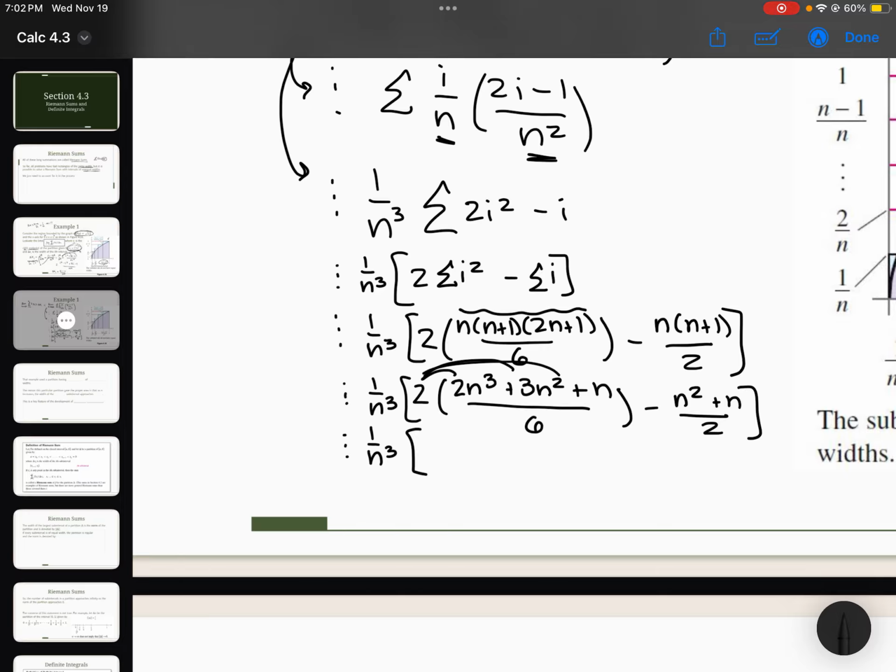So we're going to have 4n cubed over 6, or 2n cubed over 3, plus 6n squared over 6, or just n squared. Then I'm taking this 2 and multiplying it over here, so 2n over 6 gives us plus n over 3, minus n squared over 2. Remember to distribute that minus sign to both of these, minus n over 2.